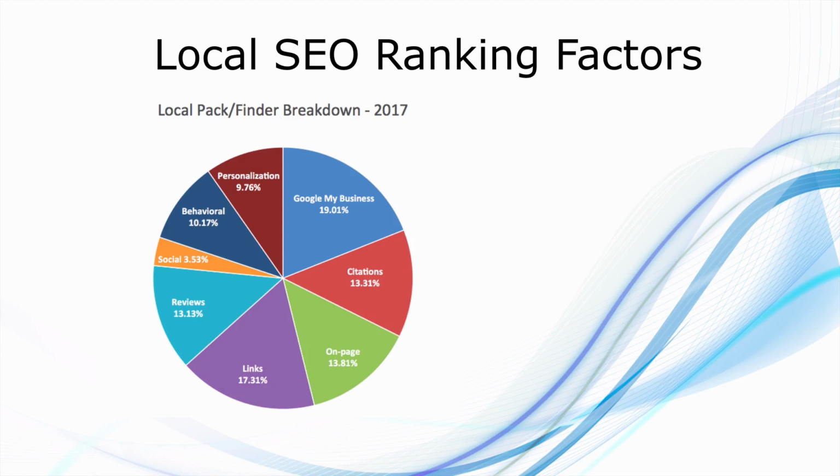Moz did a very in-depth survey and analysis of all the factors that impact your rankings, and they've been doing this for a few years now, tracking how all of these factors are changing in terms of impact. This pie chart that you see here is from 2017, and as you can see, the biggest impact for your rankings is the Google My Business listing in itself.